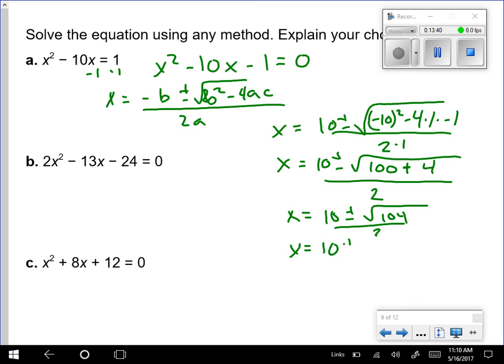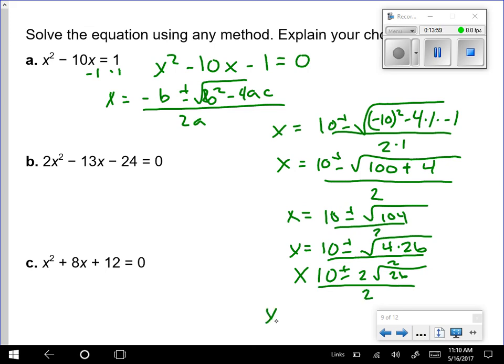It has a perfect square factor of 4 times 26. Okay, so I'd have 10 all over 2 plus or minus 2 times the square root of 26 over 2. So now I can simplify this piece and this piece. So I'd have 5 plus or minus the square root of 26. So those would be my 2 answers.